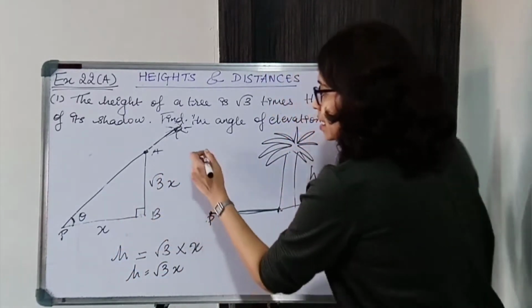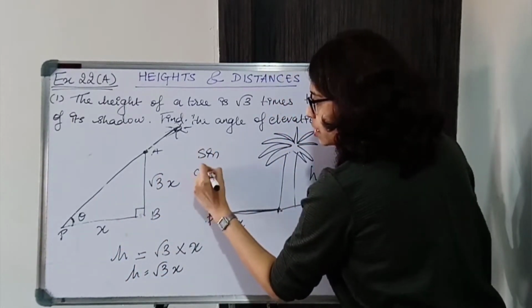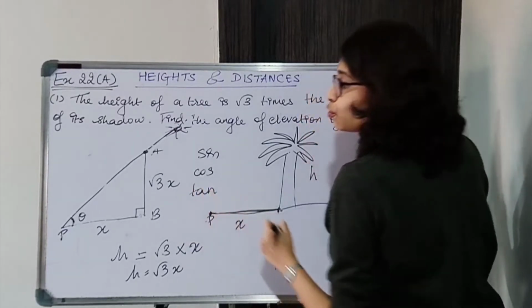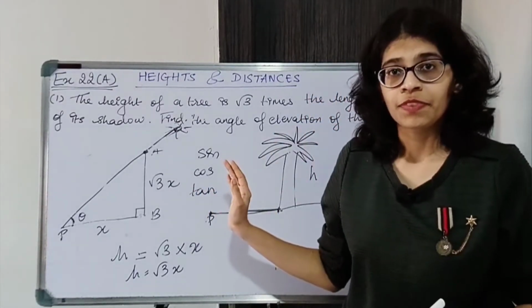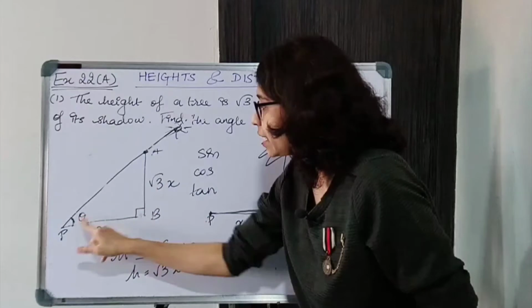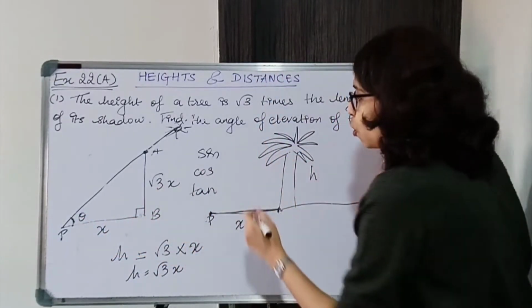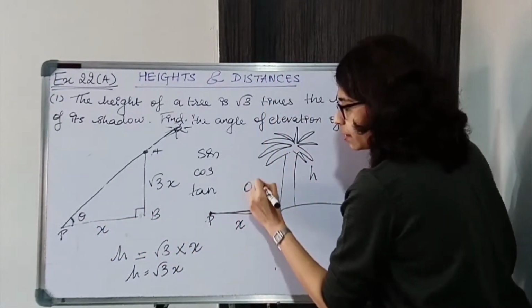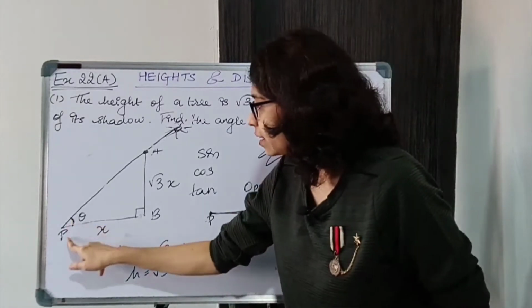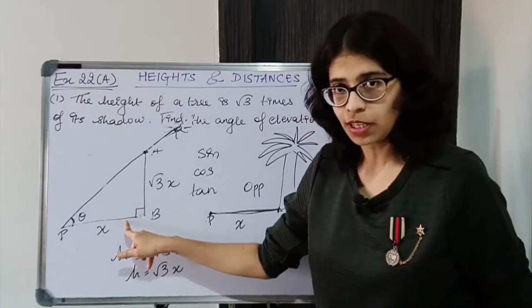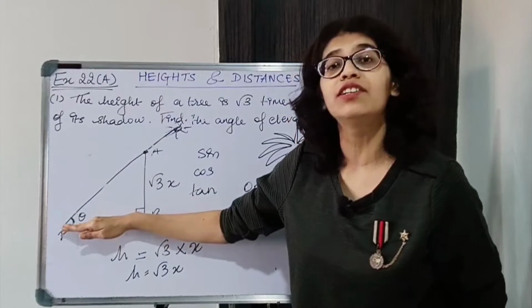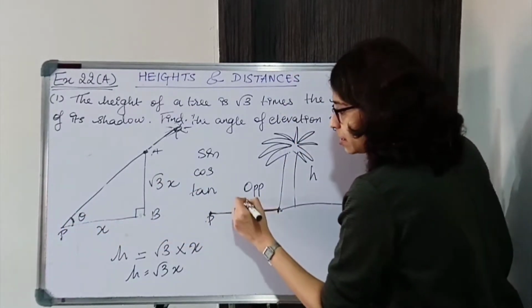Now sine, cos or tan, what will you use to find theta? We know the opposite, and we know the adjacent of theta. We are not given the hypotenuse, we are given the adjacent.